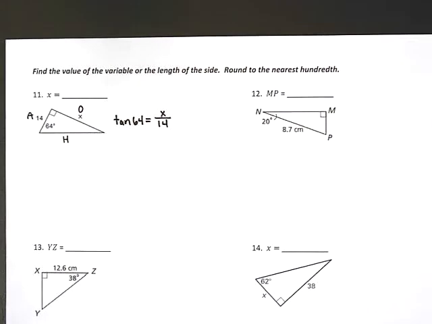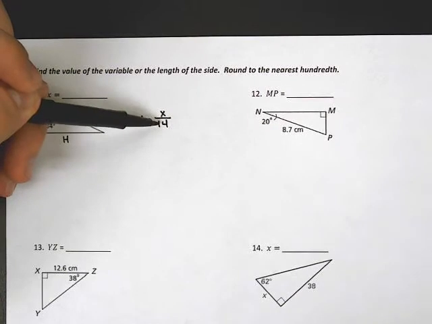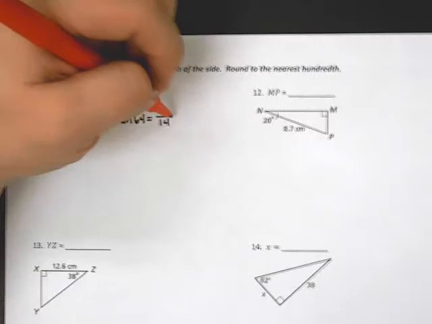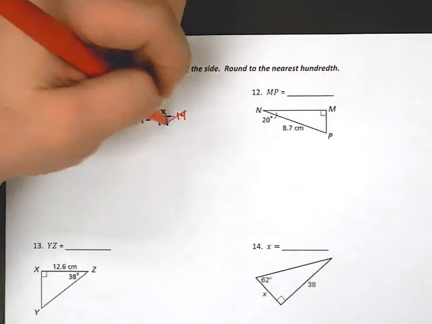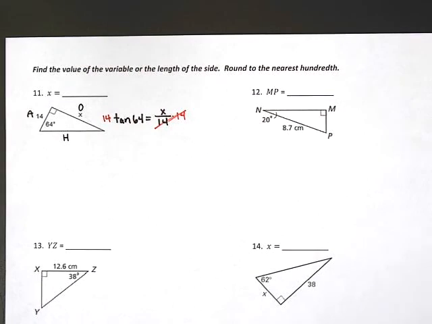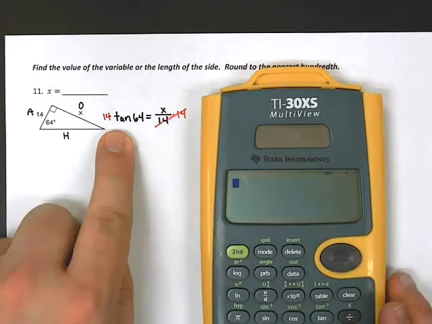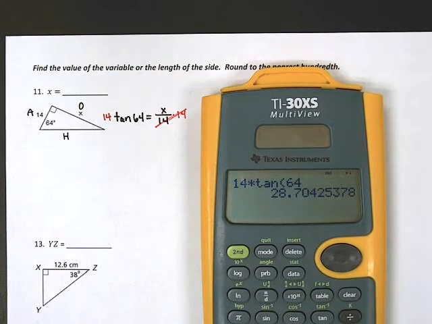Well, this is nice and easy. I know that if I'm dividing by 14 on one side, to undo that division of 14, all I'm going to do is multiply by 14, right? Because the 14s cancel over here on the right side. And now I would just go to my calculator and I would punch in what I got, which is 14 times the tangent of 64. 28.7.